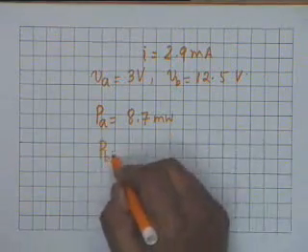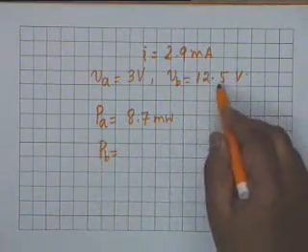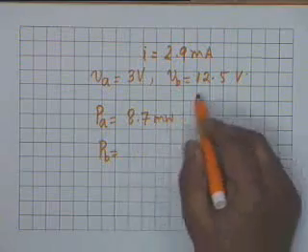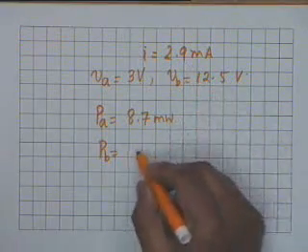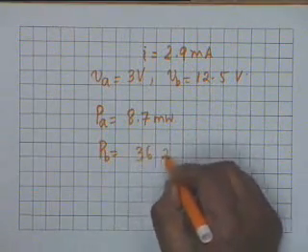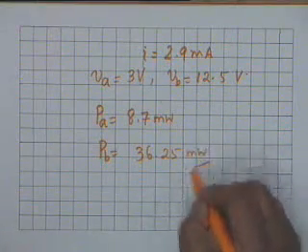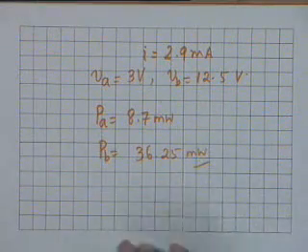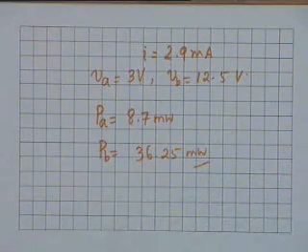And PB, the power dissipated in resistor B, is 2.9 multiplied by 12.5, which is 36.25 milliwatts. These are my results. And this is a fairly complicated example, all right.